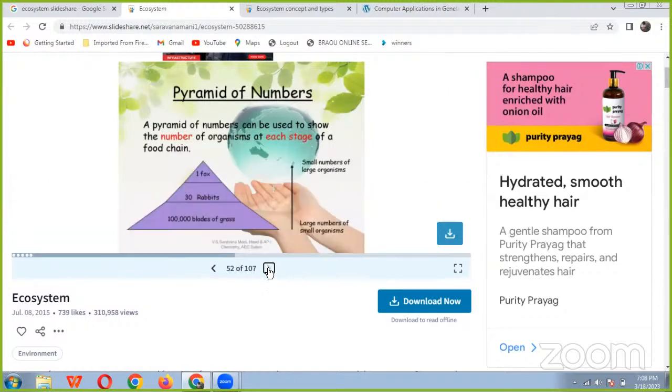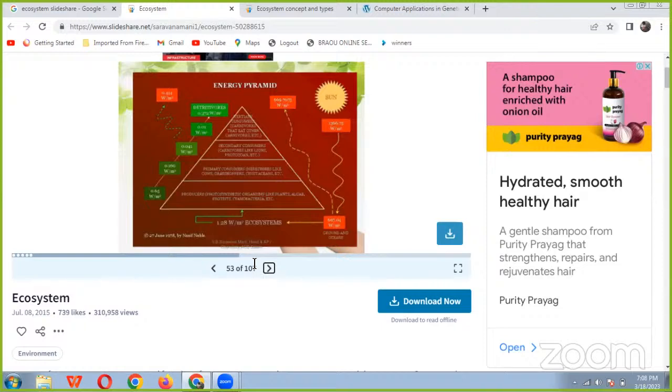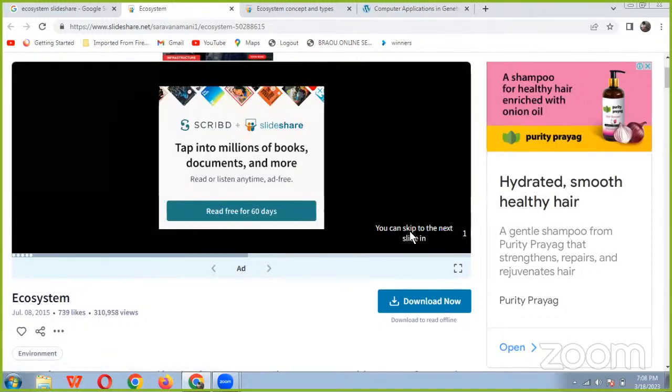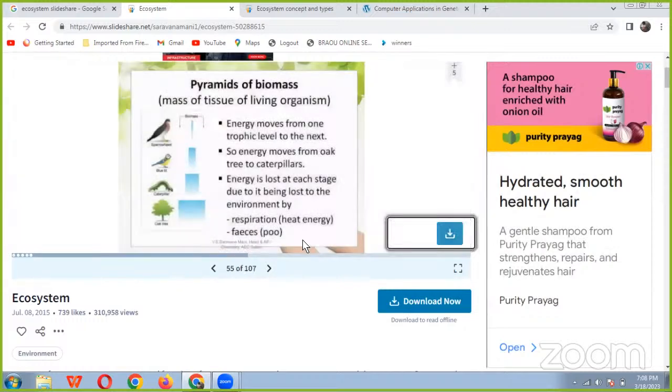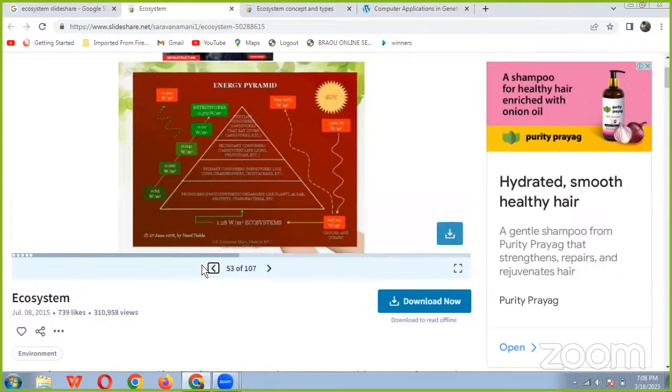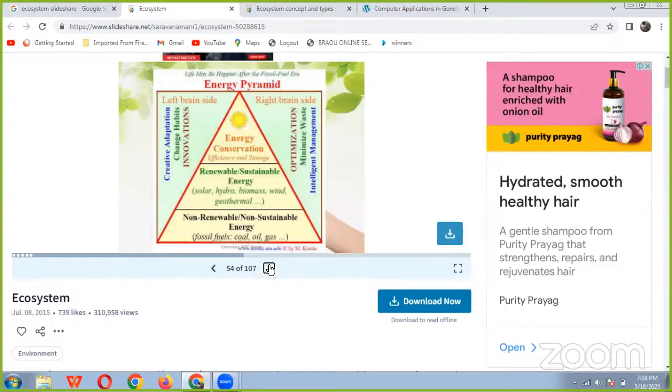First is the pyramid of numbers. Most of these are upright, but some are inverted pyramids, which you can see in the pyramid of numbers of a tree ecosystem. Energy pyramids are mostly upright.